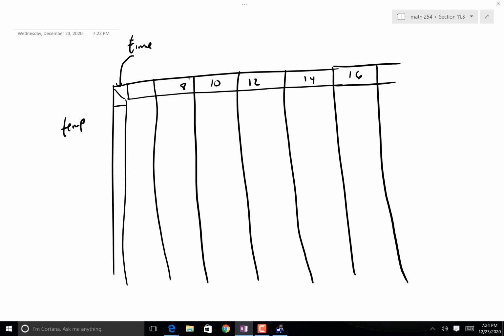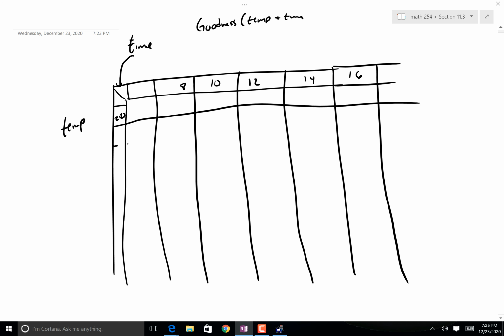Now, what we're going to measure is our z, which is, I'm just going to write goodness, actually. Goodness is a function of temperature and time. Jay, I'm going to cook my cookies at 250. Well, good luck with that, pal. I'm going to cook my cookies at 300. You're getting warmer.